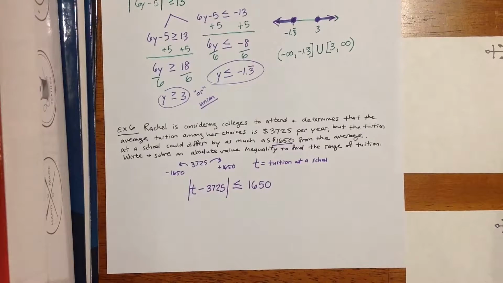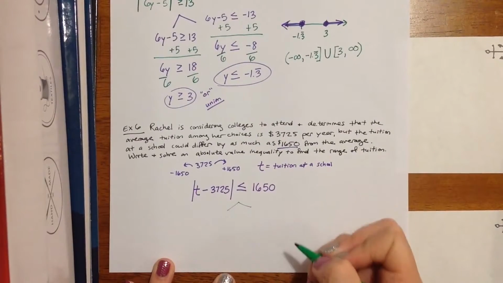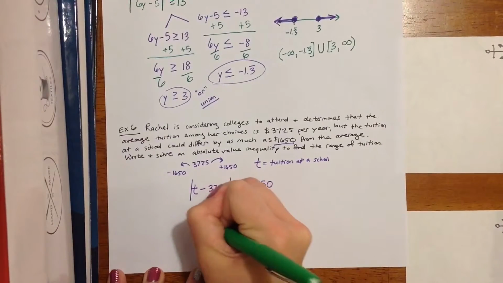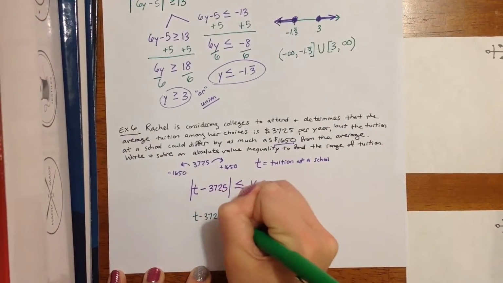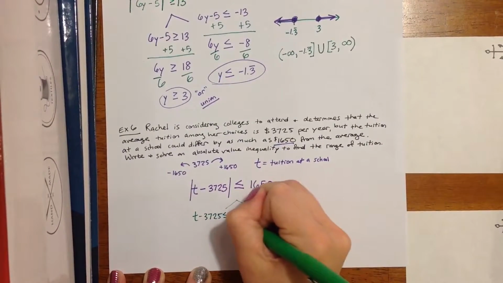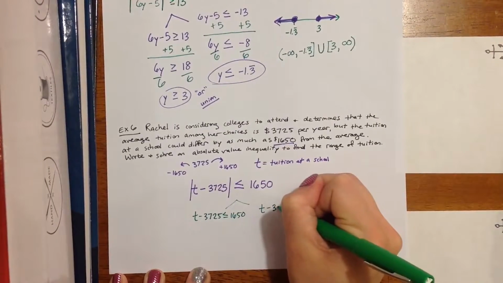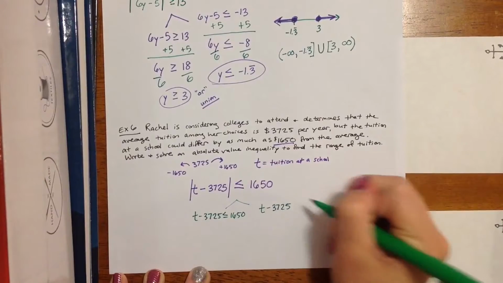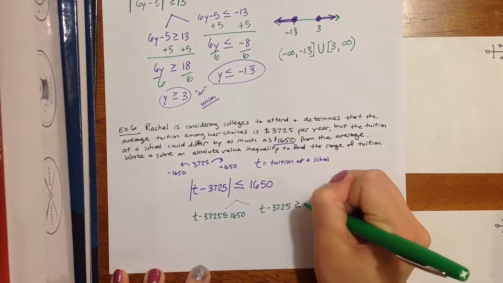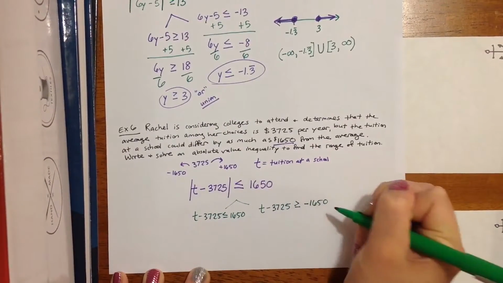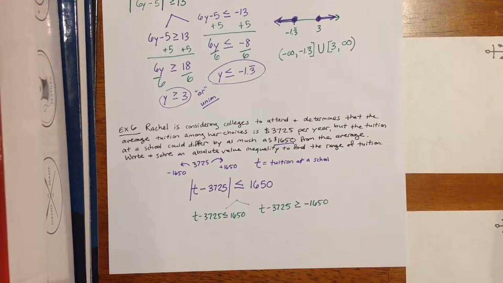Now let's solve the inequality to get the range. We are going to split this into two pieces like we've done before. So T minus 3,725 could be less than or equal to 1650, or T minus 3,725 could be greater than or equal to negative 1,650. And we're going to solve both of these.